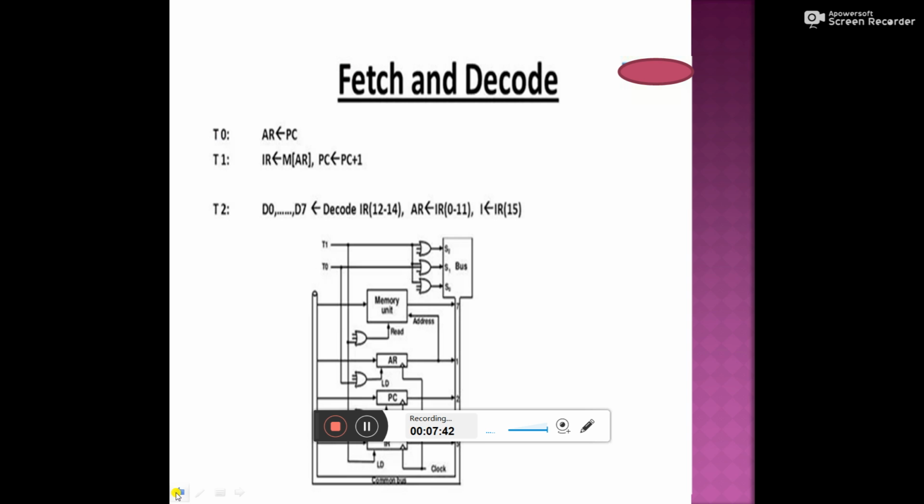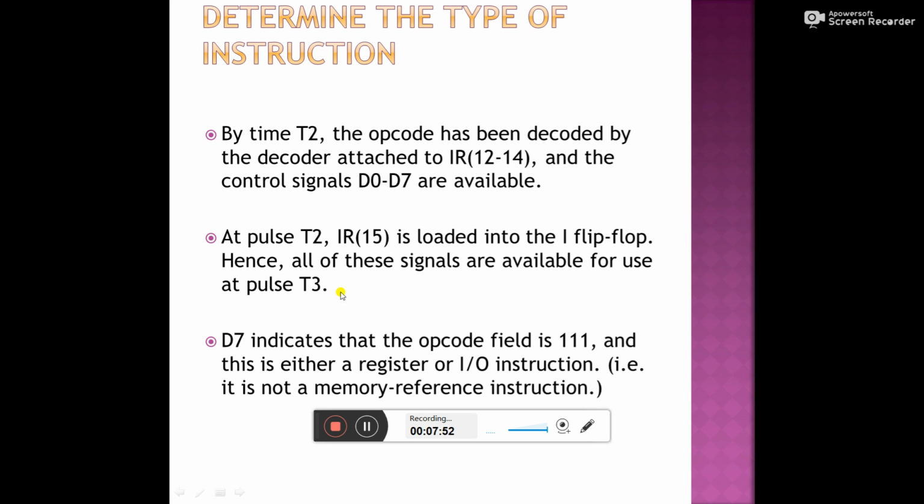So this is used to determine the type of instruction. Similarly at pulse T2, IR bit 15 is loaded into the I flip-flop. Hence all these signals are available for use at pulse T3.